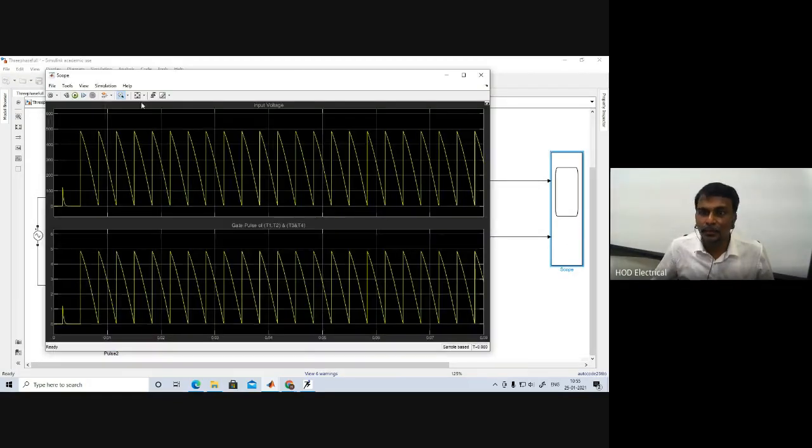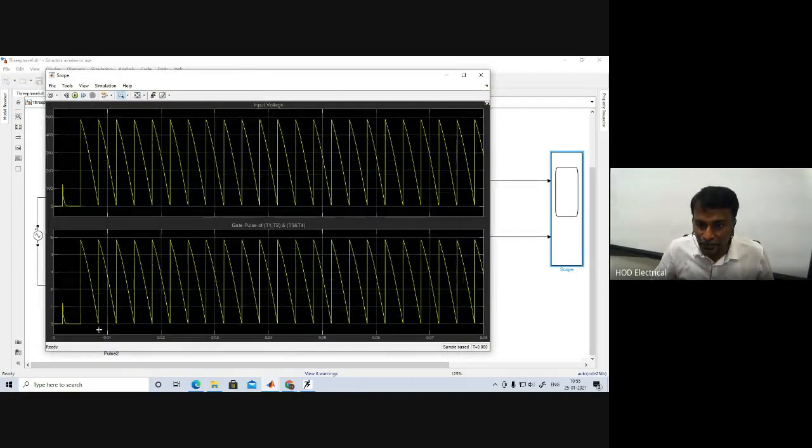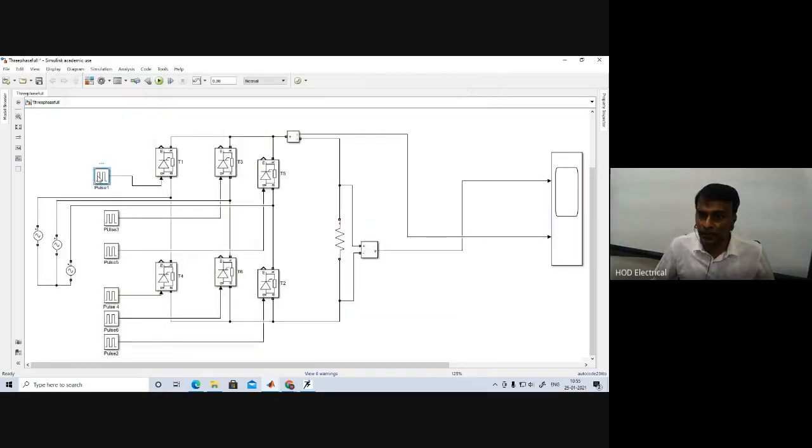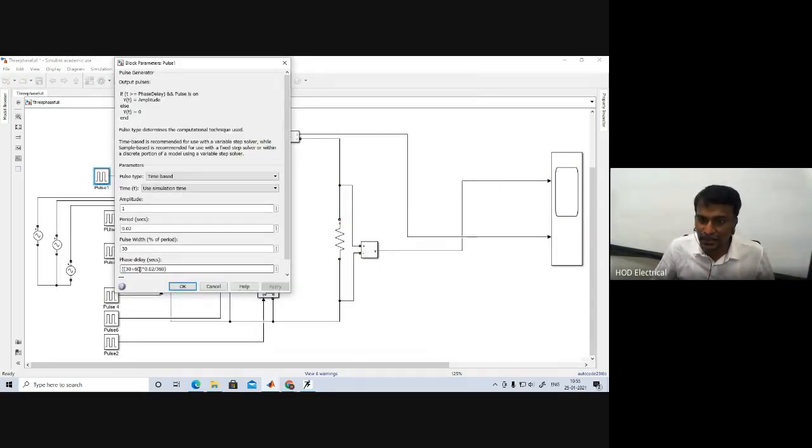See here, compared with the previous case, the output voltage comes down to 0, then starts again. If I increase the firing angle further, there is a discontinuity in the output voltage waveform. That you can also see here. Instead of 60, I am now giving firing pulses of 80.